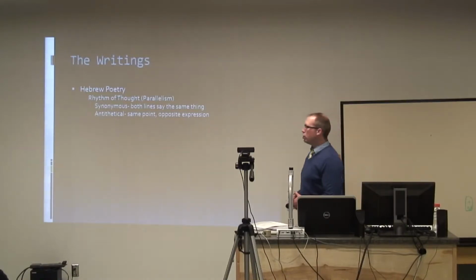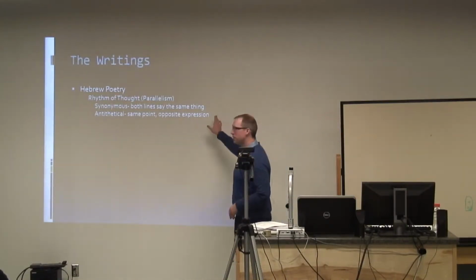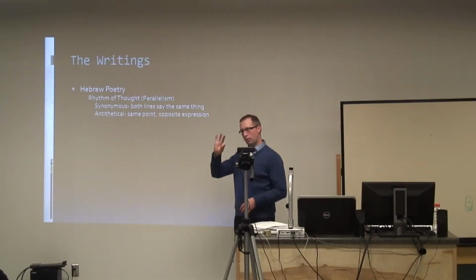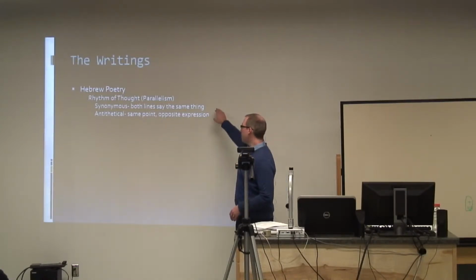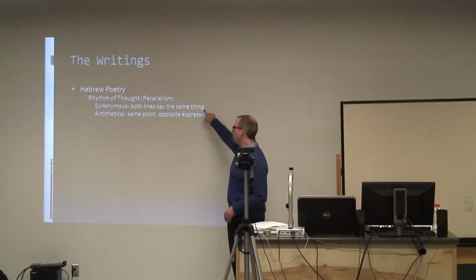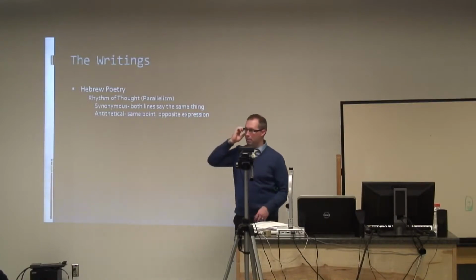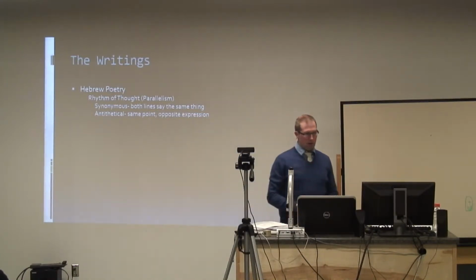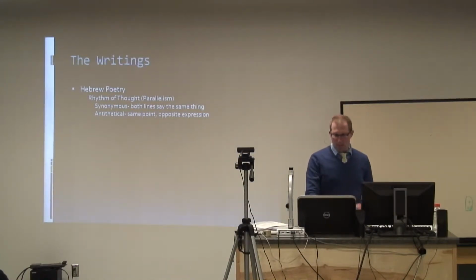But the two lines here, the couplets, and sometimes you'll see triplets, so 3 lines that work together, will oftentimes work to say the same thing in a similar way, or make the same point with the opposite expression. So be on the lookout for those types of parallelism.